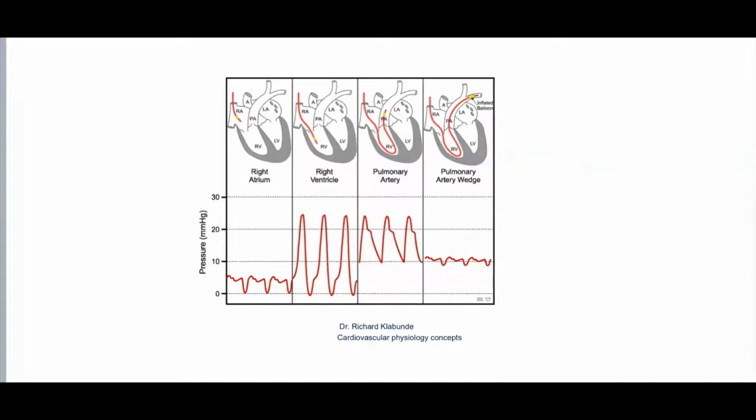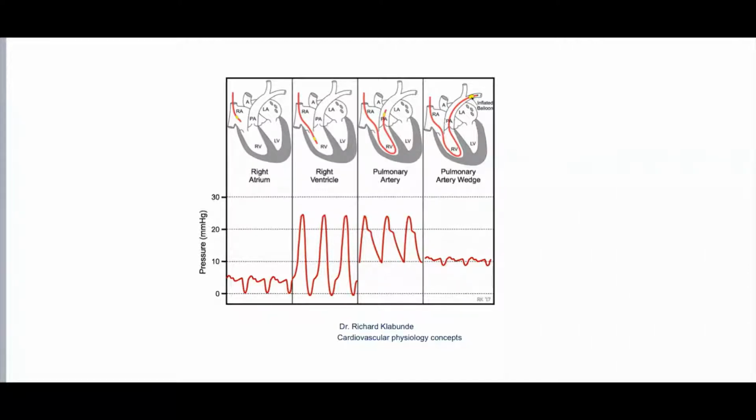This is one thing. The waveform itself should be of wedge, not of pulmonary artery. So if you have the waveform of pulmonary artery, you are probably not wedging. The other, most objective way of assessing the proper wedging is to obtain a sample for saturation, to check the saturation there.